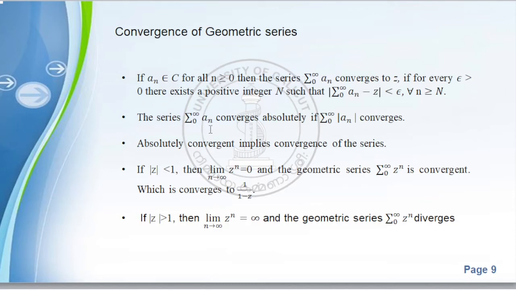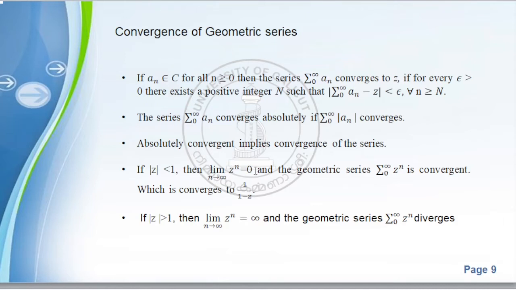And the series sigma an converges absolutely if sigma modulus an converges. Its absolute value converges. Absolute convergence implies convergence of the series. And if mod z is less than 1, then the limit as n tends to infinity of z raised to n goes to 0.